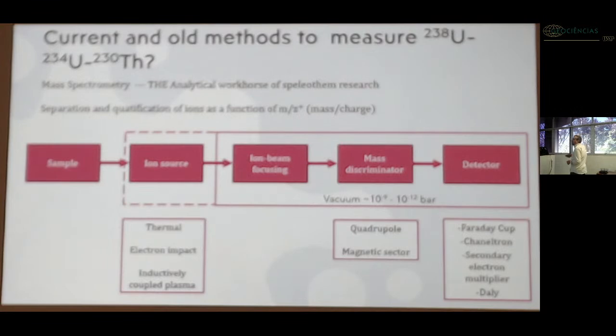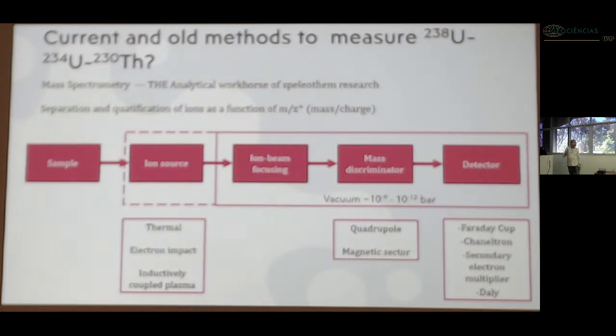You have your sample, and your sample basically has to be introduced into an ion source. That ion source might or might not be within a vacuum chamber. The rest of the instrument is at really high vacuum. After the ion source, you have a system that focuses and shapes the ion beam, and then puts it into a mass discriminator, which is usually a magnet, but could also be a quadrupole.